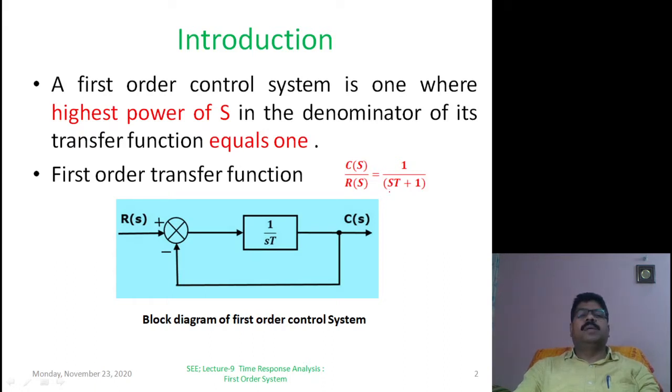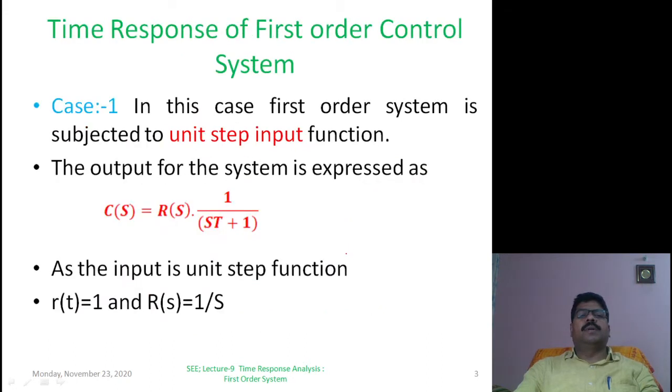So this will be called the first order control system. Since this is the plant, 1 upon sT plus 1, and unity feedback system, the transfer function of this will be C(s) by R(s) equals 1 upon sT plus 1.